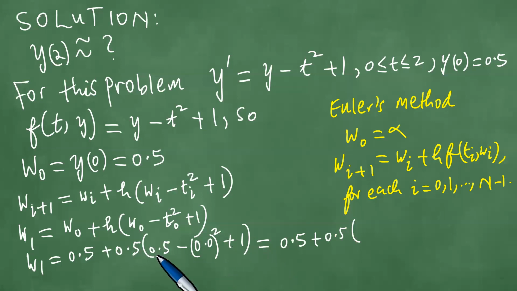So you have 1 plus 0.5, which is 1.5, and then if you continue, this is 1.25. All right, so this is what we get. The next thing is we have W2.